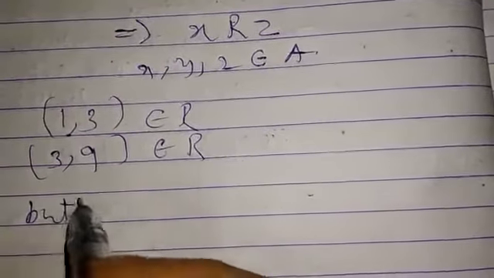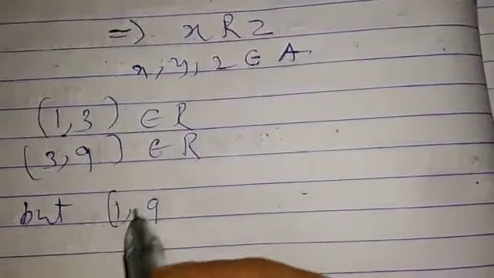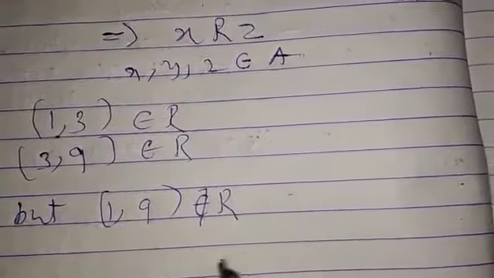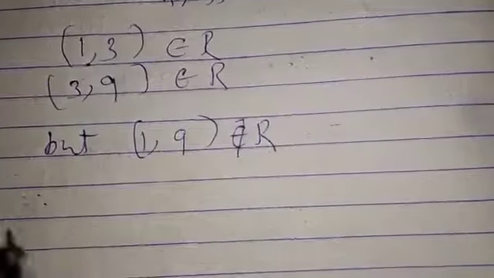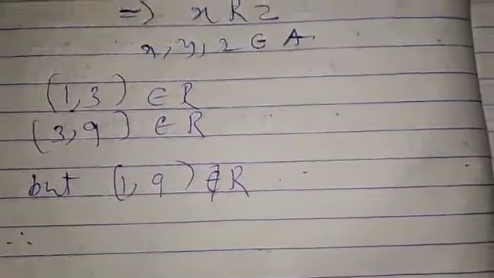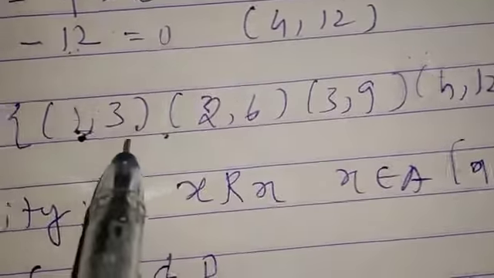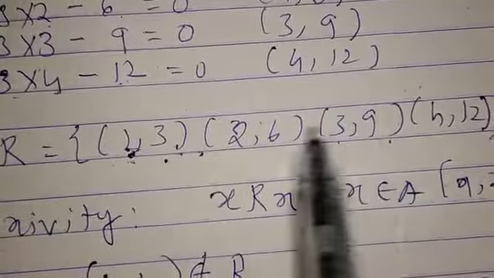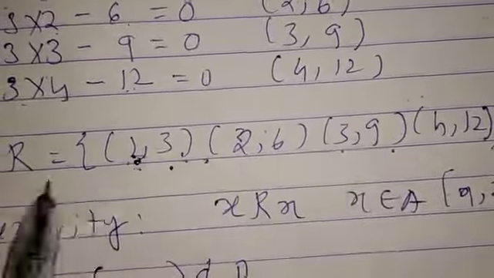but (1, 9) is not related to R. See here, (1, 3) is related to R, (3, 9) is related to R, but (1, 9) is not related.